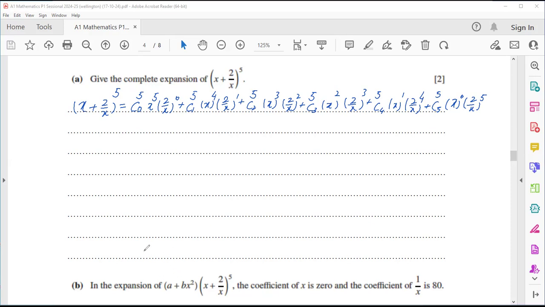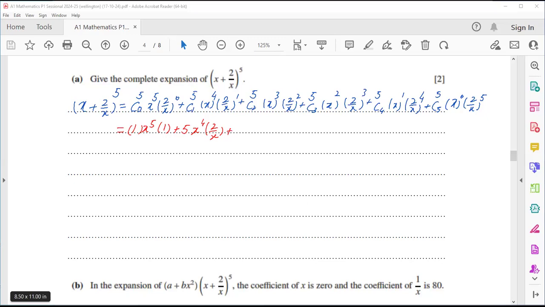Now you have to use the calculator a lot. So we know that 5C0 is always 1, x raised to power 5. Any number whose power is 0, the answer is 1. 5C1 is 5, x raised to power 4 into 2 over x. Then I have 5C2. I will use the calculator. What's the answer of 5C2?